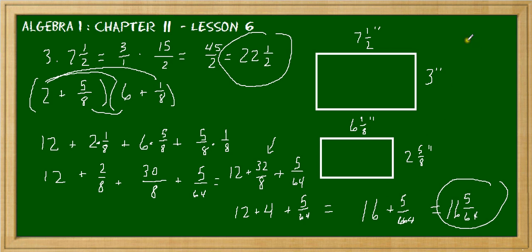Now they didn't necessarily do it, but I think it's a good opportunity. So we would have 22 and 32 64ths, which is 1/2, minus 16 and 5 64ths, and I subtract 16 from 22, what's that, 6, and I subtract the 5 from the 32, and that'll give me 27.